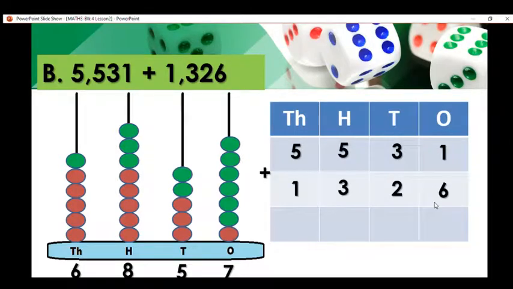So 1 plus 6, that is 7. 3 plus 2, it's 5. 5 plus 3, it's 8. 5 plus 1, it's 6. So we got the answer of 6,857, the same as the answer we got in our abacus form.